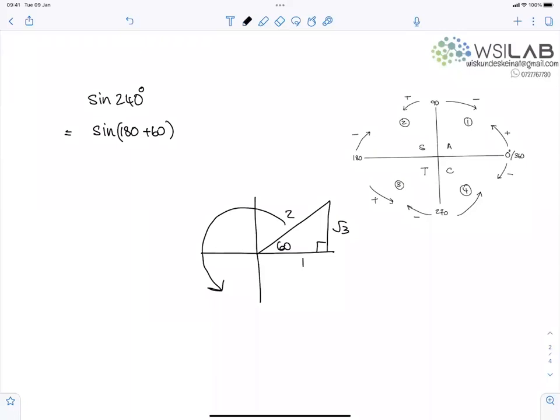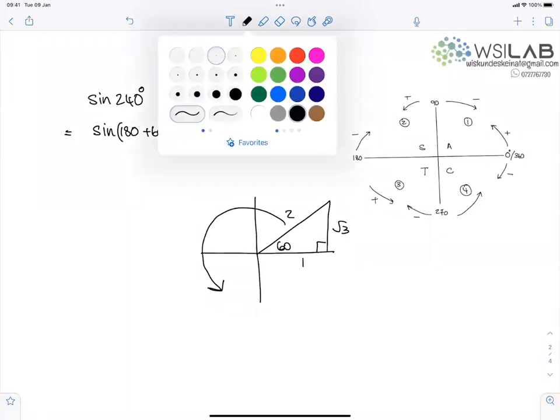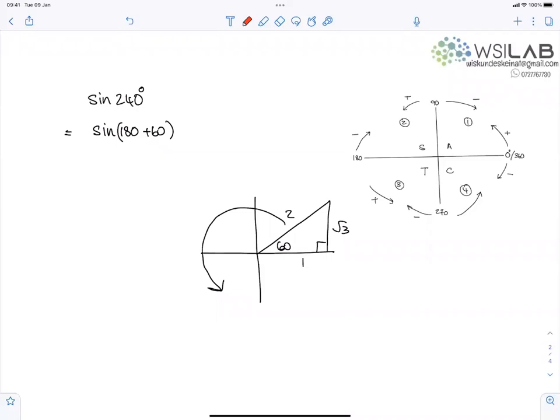But I want to explain to you properly what we're doing. So if I move that triangle, then that triangle will go here somewhere. I've taken that hypotenuse side and flipped it. This angle here was 60 degrees. Now I'm taking the hypotenuse side and flipping it over another 180 degrees.